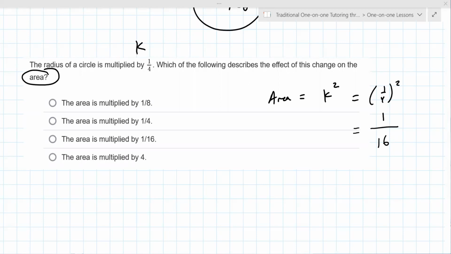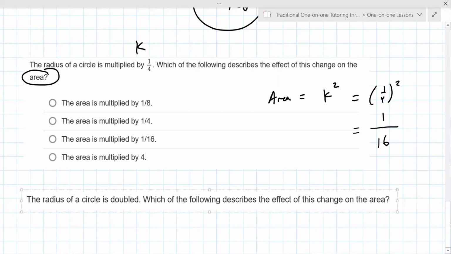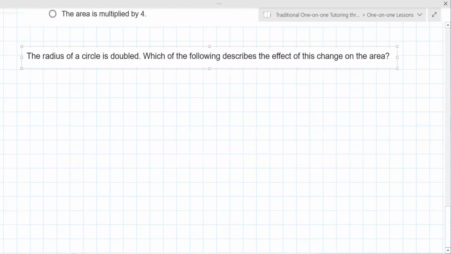This one really fast makes up for the last few that have been really slow. See if you can do this one on your own. Figure out the value of K and then figure out what you need to do with it. I get 16. What is the value of K?